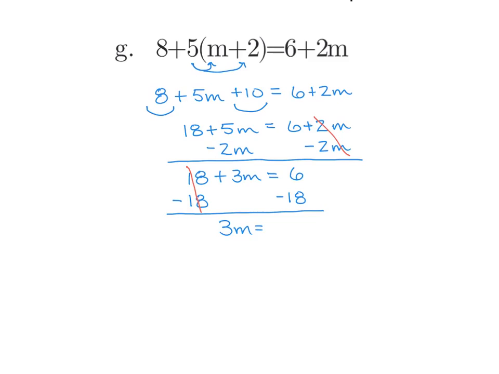On the right, 6 and negative 18, we have different signs, so we are going to subtract and keep the sign of the larger number. I can then divide both sides by 3, and I am left with m equals -4.